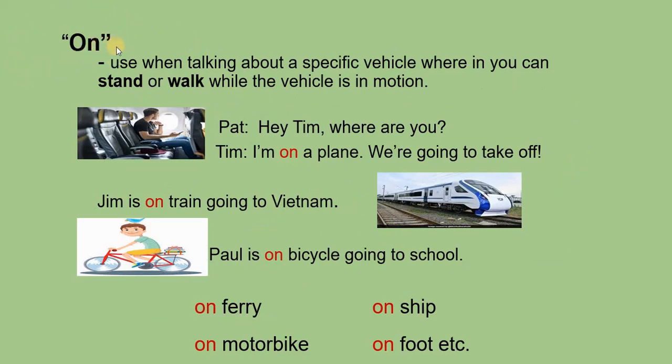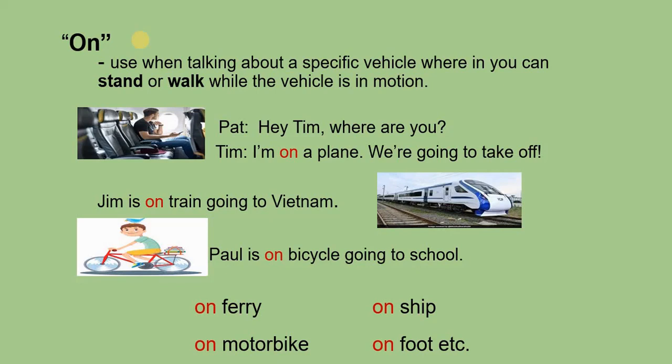Next, let's have a look at using the preposition on. What is the difference between preposition in and on? Well, when you use the preposition on, you can use it only, of course, when you are talking about a specific vehicle where you can stand or walk while the vehicle is in motion.